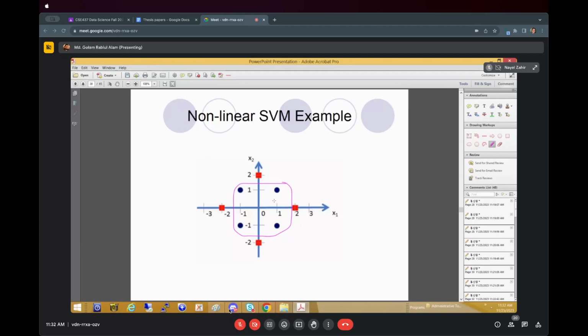That means we have to transform these points in such a way that after transformation we can use linear separation, that is, linear SVM.